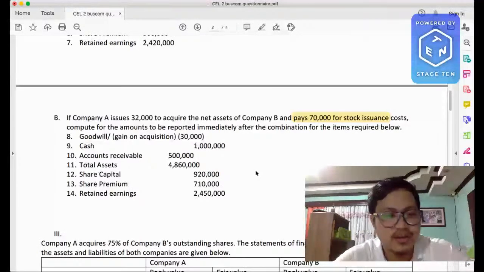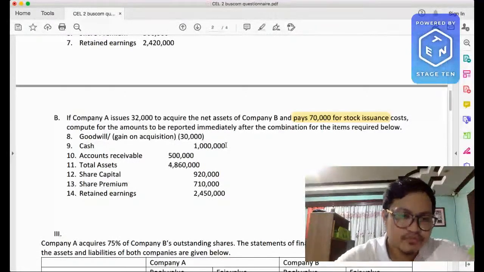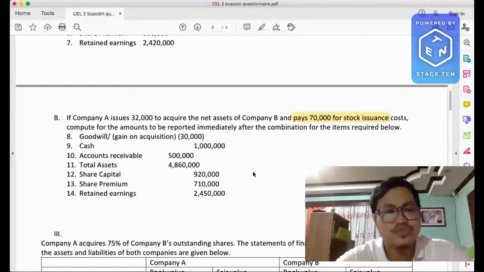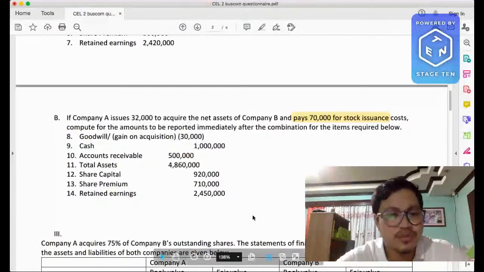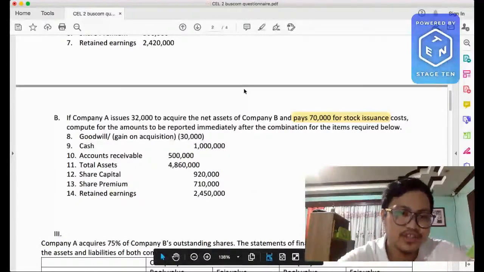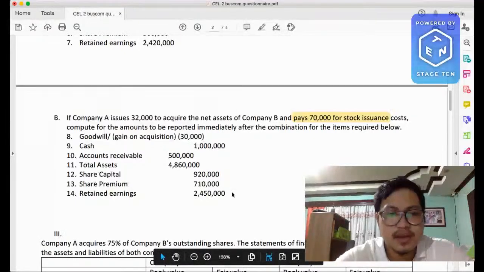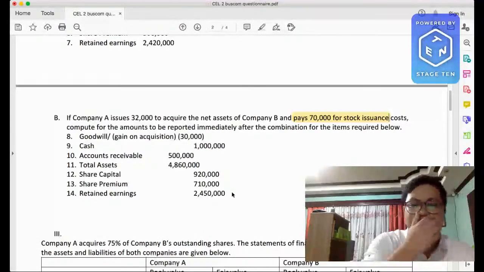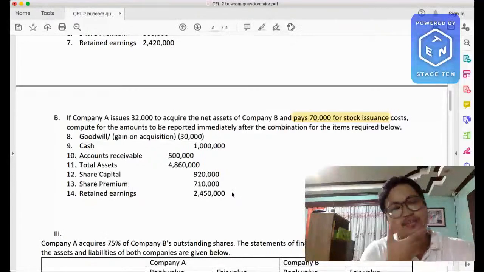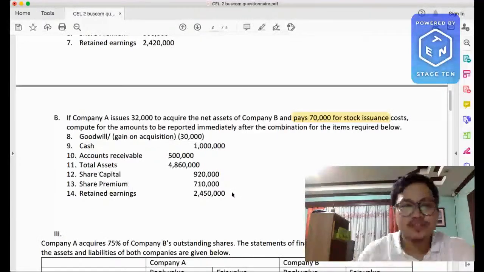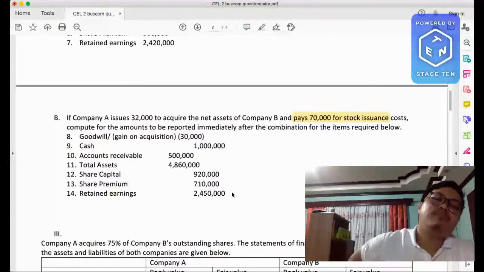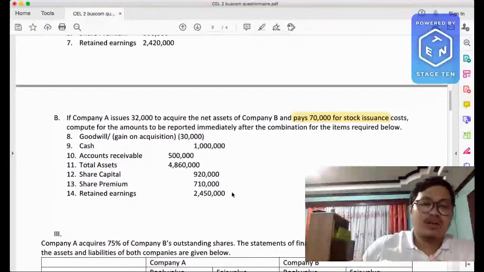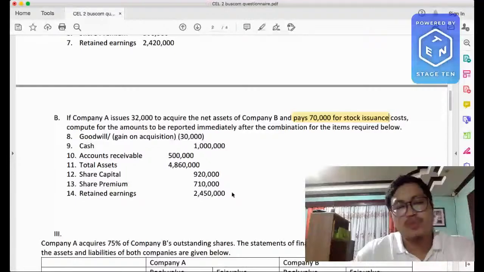Anything that has to be paid to perfect or complete the transaction should be taken into account in computing your combined cash. Okay. Now, this is what makes stock issuance problems interesting, class, which is not present when the consideration of the problem is in cash.